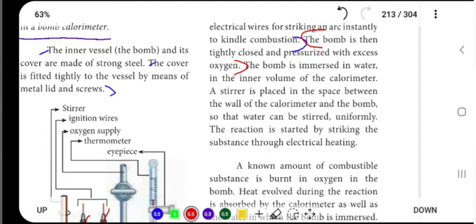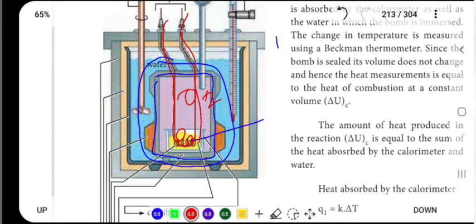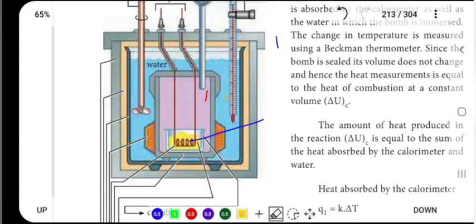The bomb is immersed in water. See here, this blue part is full of water.